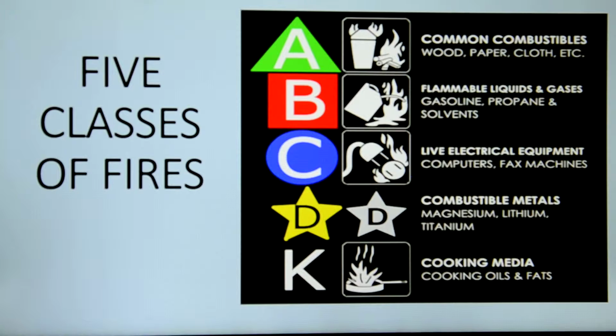C class would be your electrical equipment, computers, fax machines, any type of electrical equipment, outlets, extension cords, electrical tools, anything like that. D is combustible metals: magnesium, lithium, titanium, aluminum is also in that category. And K class, which is cooking: your cooking oils, fats, anything in the kitchen that can catch fire.